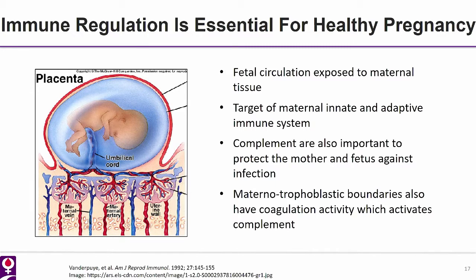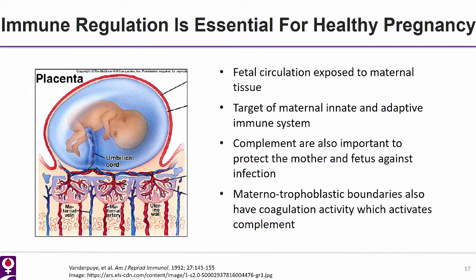During pregnancy, immune regulation is very essential for a healthy pregnancy because the fetal circulation is exposed to maternal tissue and is a target of maternal innate and adaptive immunity. Complement is also important to protect mother and fetus from infections. During pregnancy, there is a lot of coagulation activity at the materno-trophoblastic boundaries, which also activates complement.